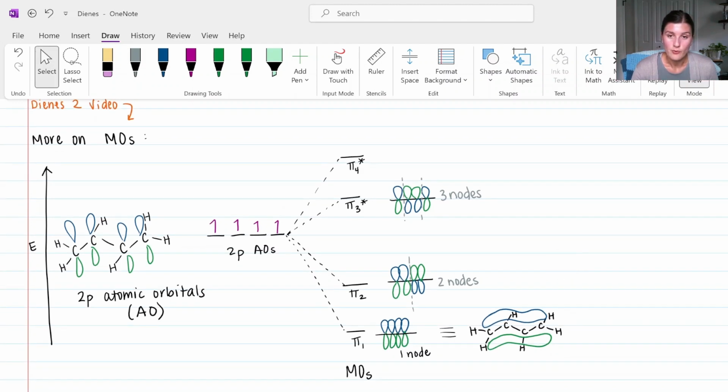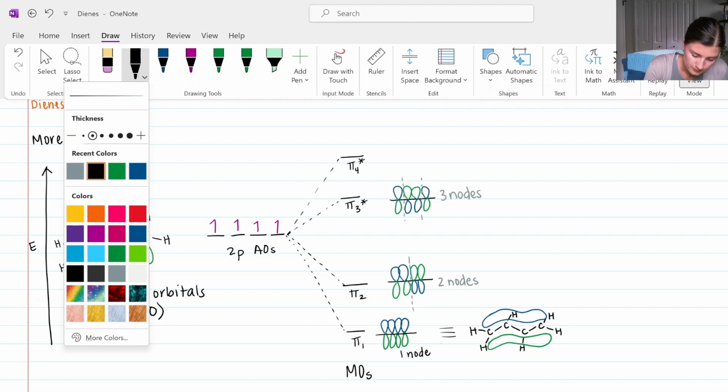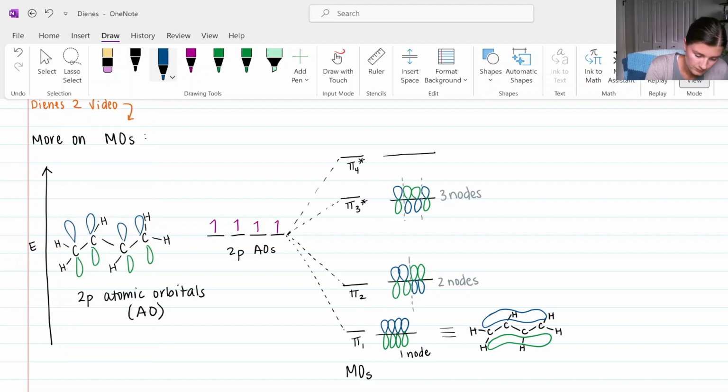And then in pi 4, we'll have 4 nodes, and that's where for each p orbital across the linear molecule, the phases are flipped. So if our first p orbital for carbon 1 looks like this, then our p orbital for carbon 2 will be opposite phases.